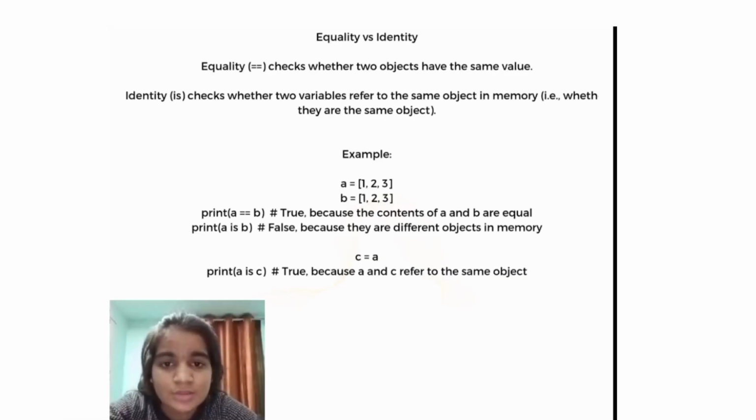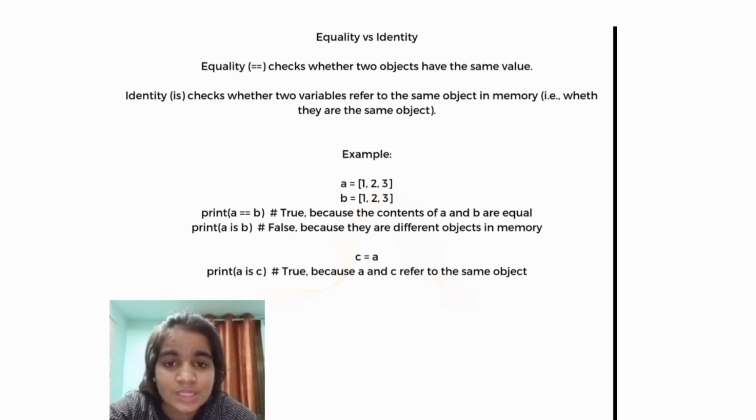Next, we will discuss equality versus identity. Equality, ==, checks whether two objects have the same value. Identity, is, checks whether two variables refer to the same object in memory. For example, a = [1, 2, 3], b = [1, 2, 3].